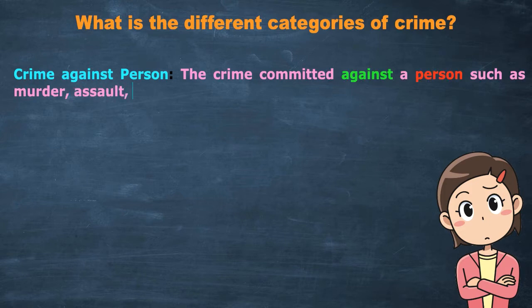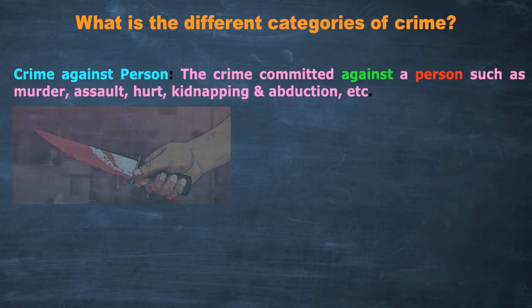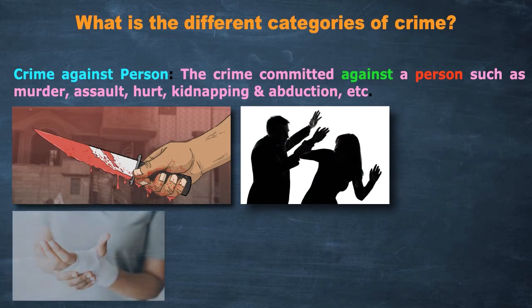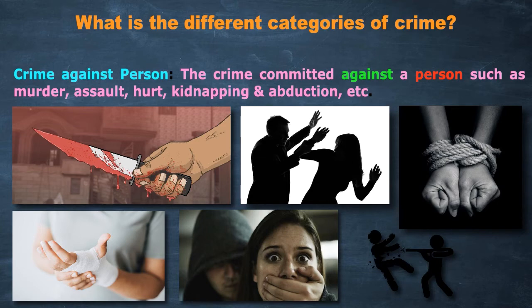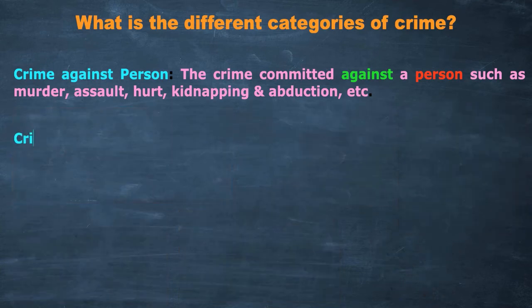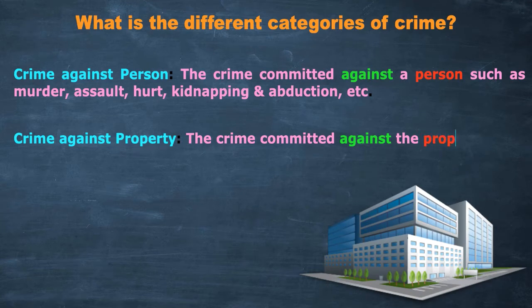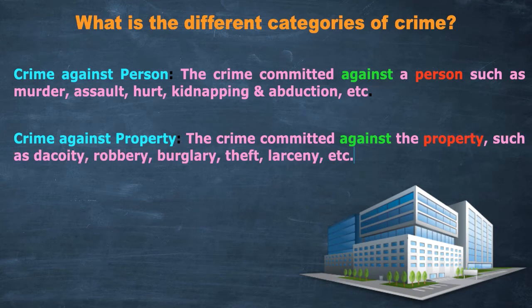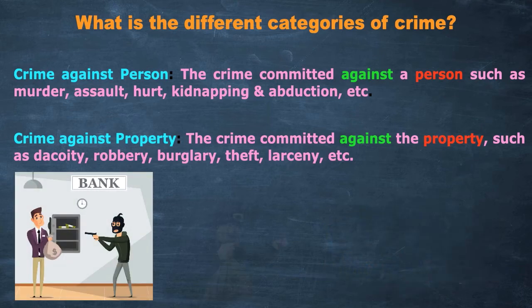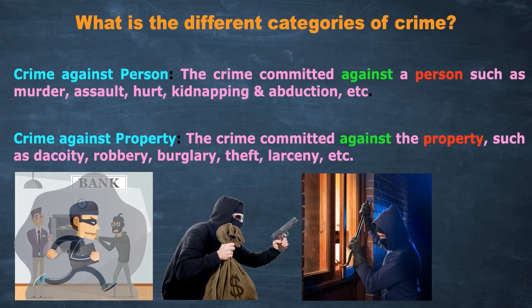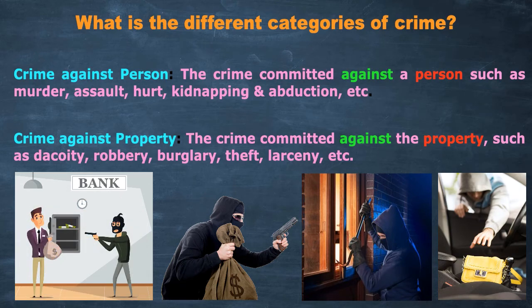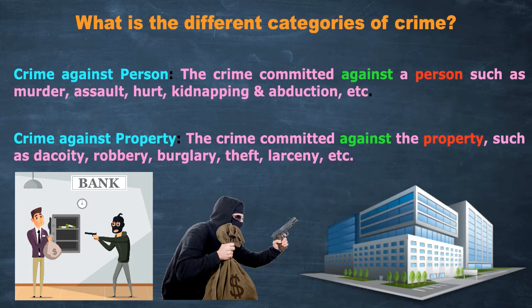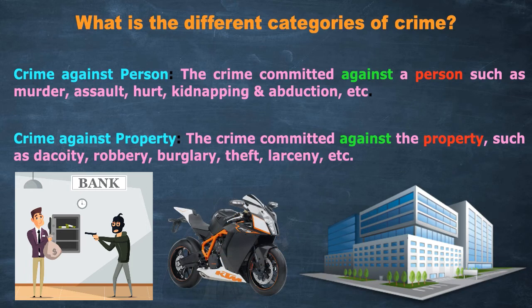The crime committed against a person, such as murder, assault, hurt, kidnapping, abduction, etc. The second one is crime against property, committed against property, such as dacoity, robbery, burglary, theft, larceny, etc. All these are crimes against property, whether movable or immovable.